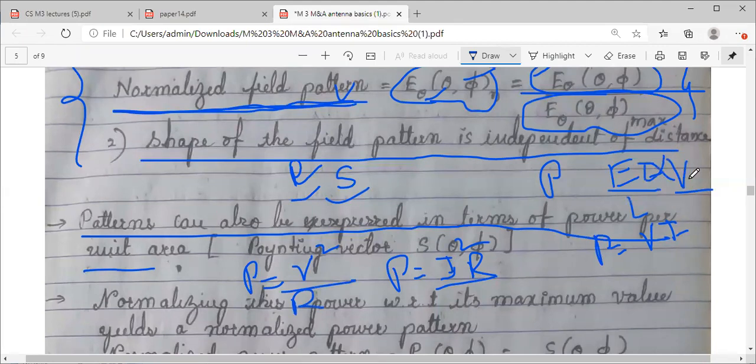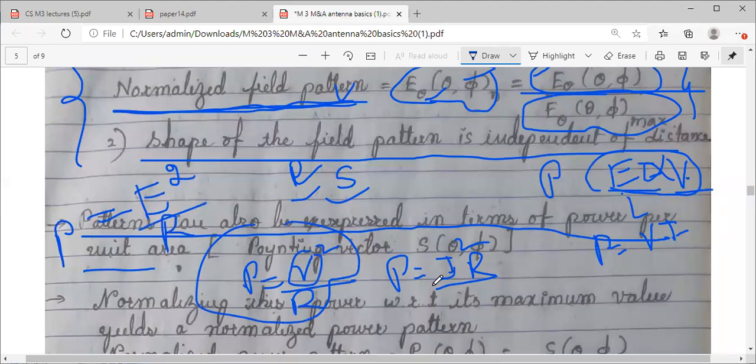So E is directly proportional to V. So if I take this equation, power will be directly related to the square of the field, because V and E can be replaced as both are directly proportional. So your power will be related to the field in square terms, E square by R. These are the basic equations you might be knowing already.